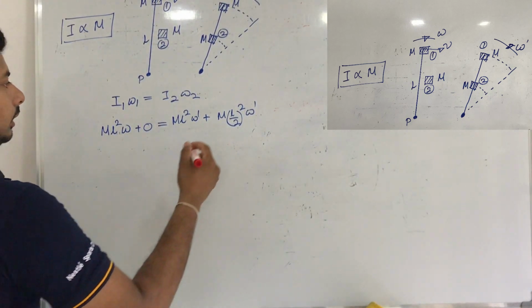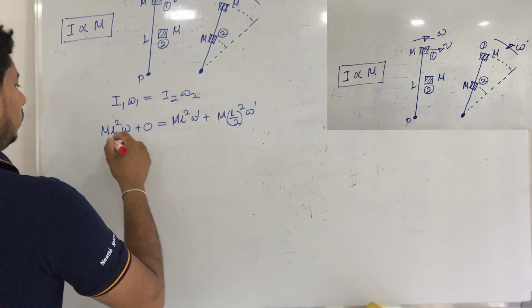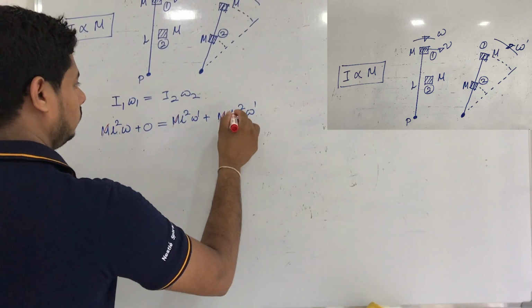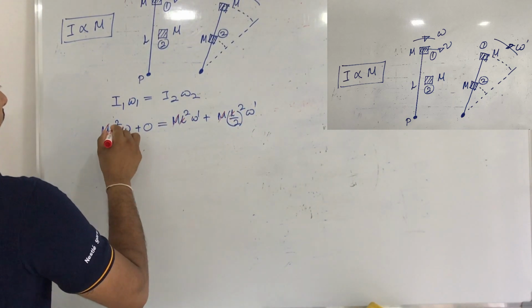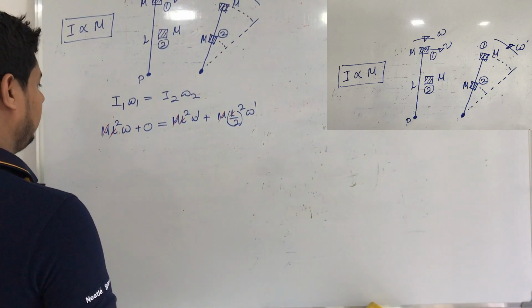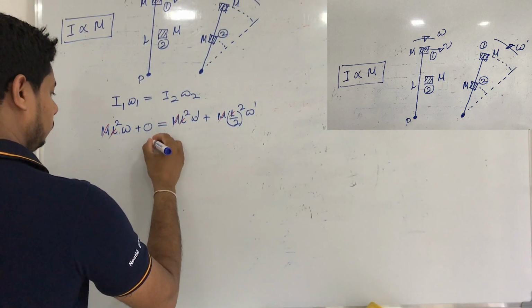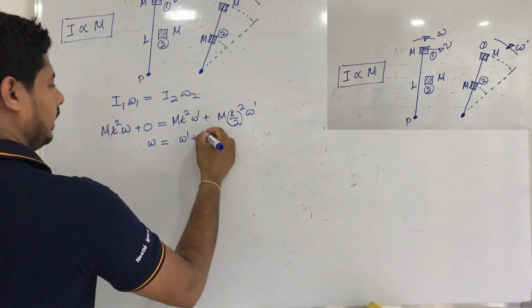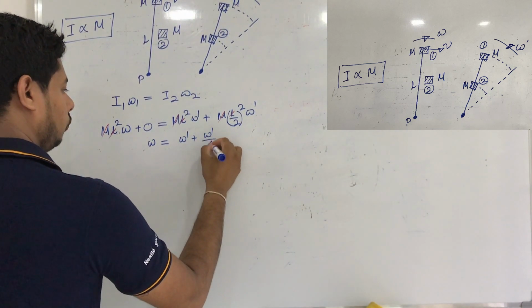So here you can cut capital M, it is common for all, and L square is common for all, you can cut that also. What is remaining? We have omega here and omega dash plus omega dash over 4.